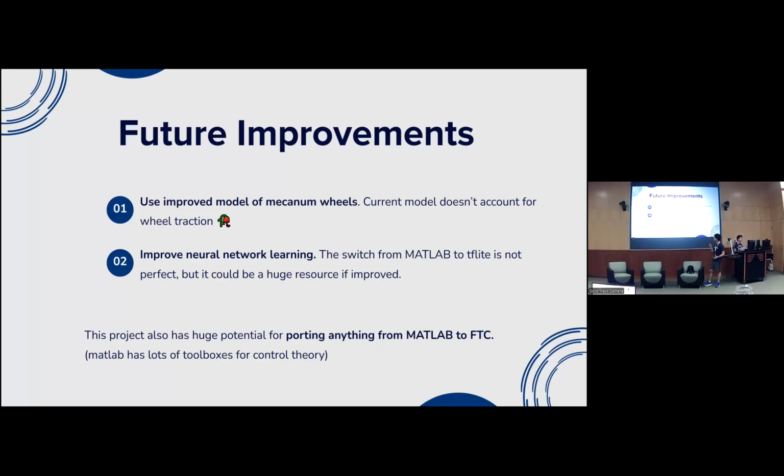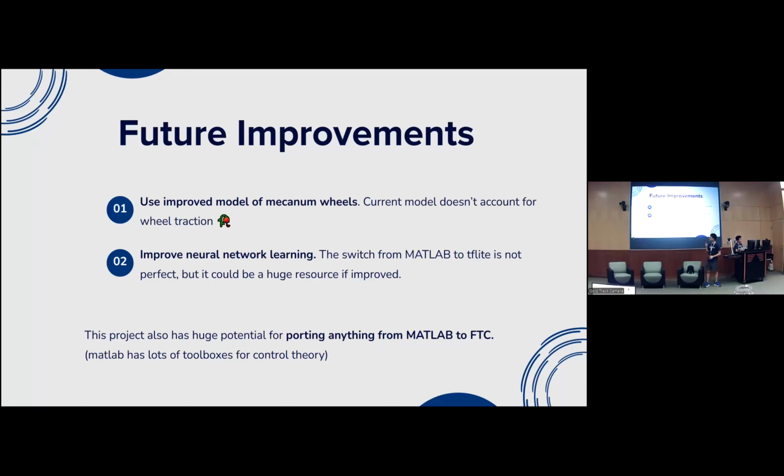So some future improvements are, as you can see in the video, there is some overshoot, and that's mainly because mecanum wheels are known to be super slippery and not have that much traction. So if we can include that in our model, in our FTC, we can have a near perfect model. And that will improve not only our path following, but it'll also improve our neural network learning.